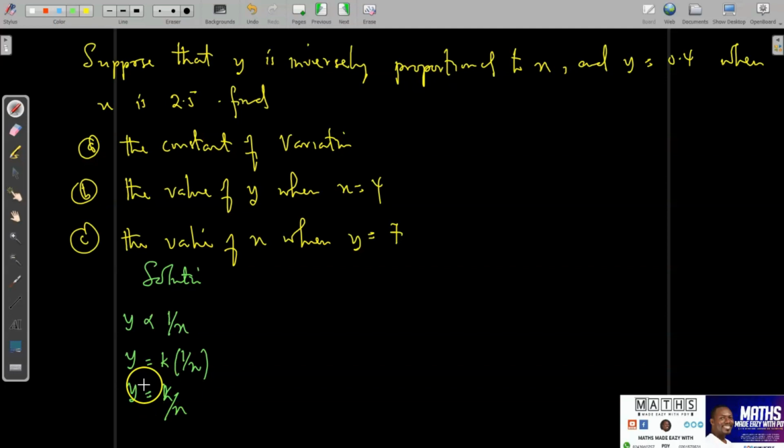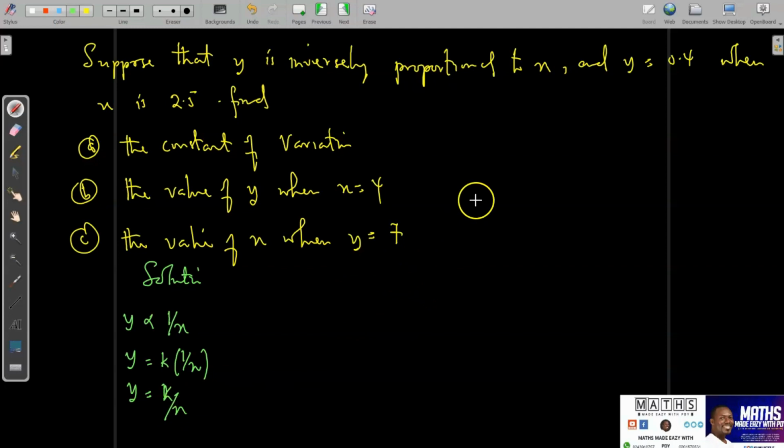Remember, this is for future investigations. Then going back to the question, they gave us a clue that when y is 0.4, x is 2.5. So this statement automatically gives you a clue as to how to find your constant of variation. You should go ahead and substitute into your equation to find your constant of variation.